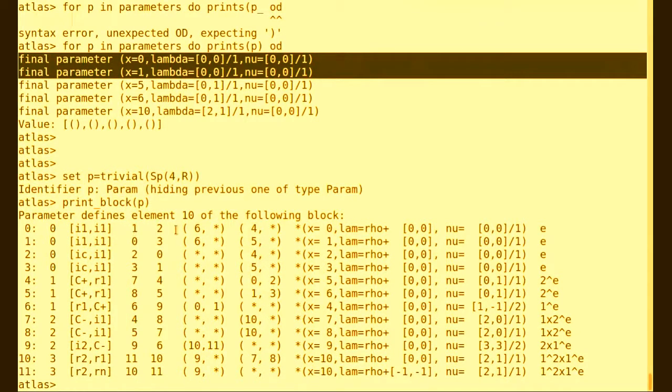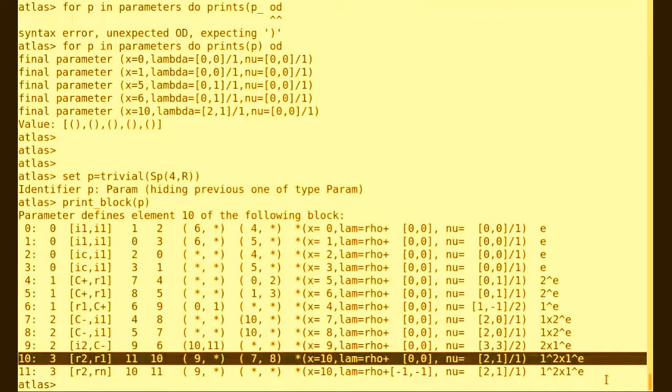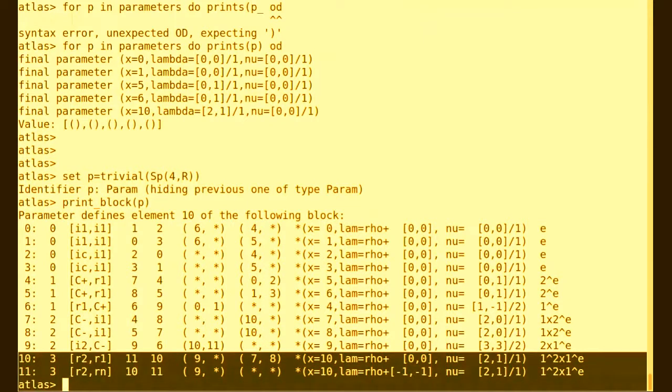It says parameter defines element 10 of the following block. That's right here. And this is the parameter of the trivial representation. The two roots are labeled R2 and R1, which, as I was saying before, is telling you the tau invariant.